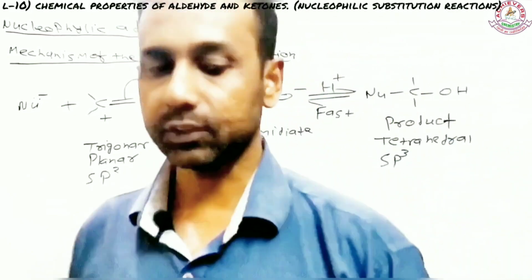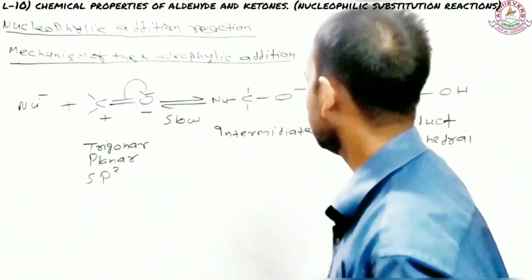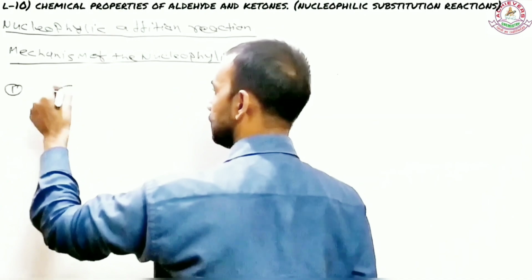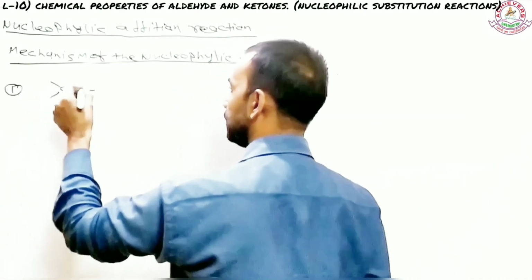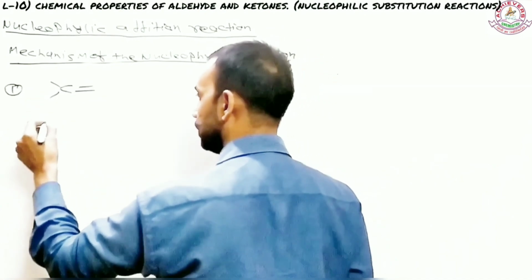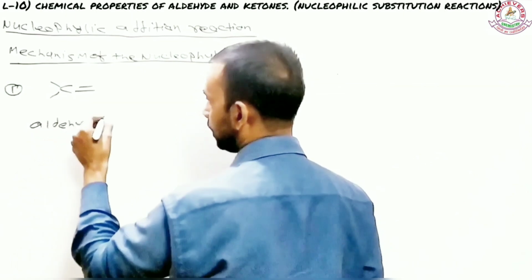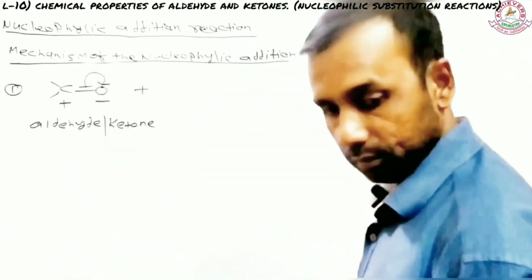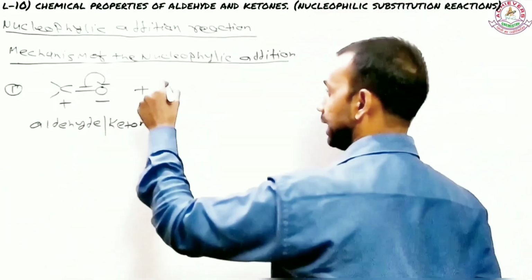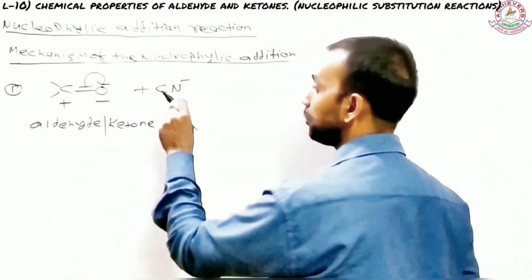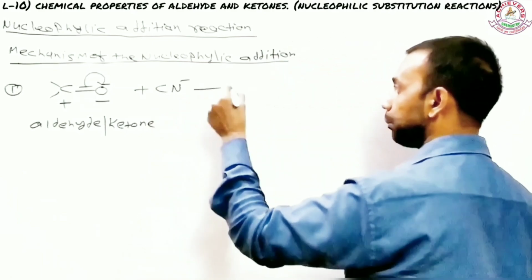So let's start the first example for this reaction. If you react an aldehyde, and you need to remember this may be an aldehyde or a ketone, with cyanide, which is coming from hydrogen cyanide, what will happen?